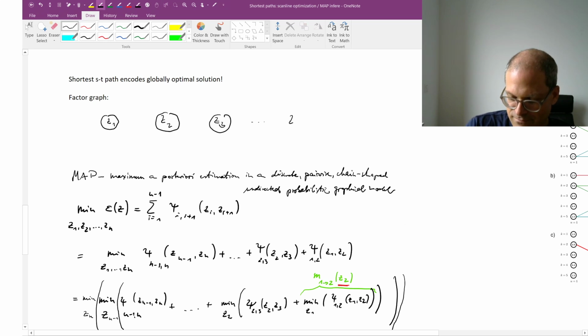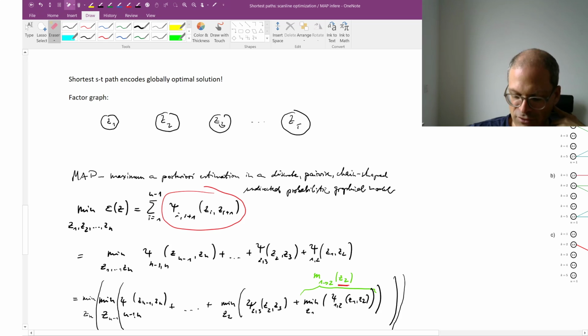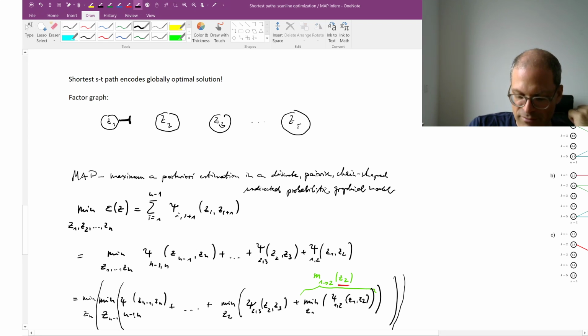And now whenever I have a summand in my energy function which involves two of these variables, or these vectors of variables, then I will introduce a special symbol connecting the respective variables. And the symbol traditionally in vector graphs is a box.